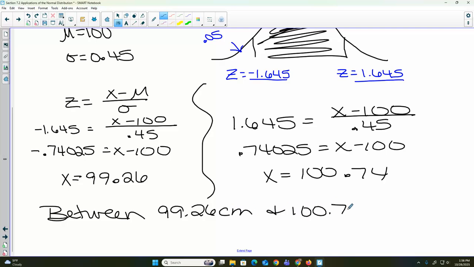And 100.74 centimeters. So you would keep anything between those two measurements. If it's smaller than the 99.26 or bigger than the 100.74, you would throw it out.